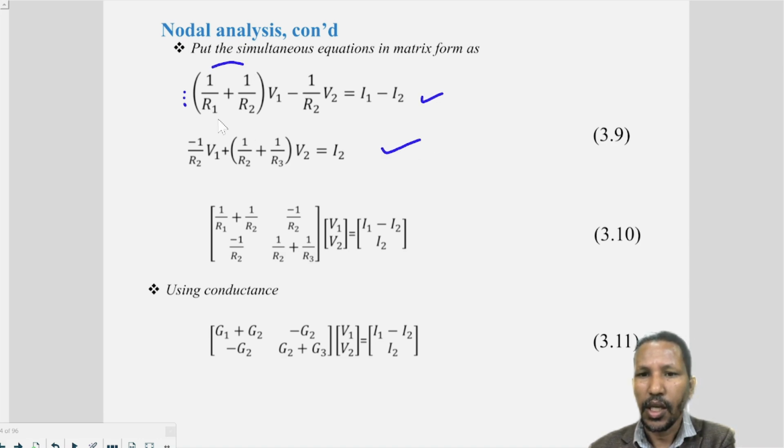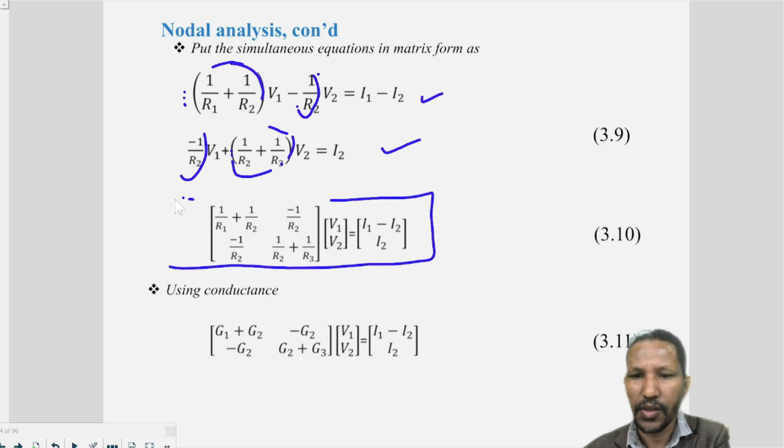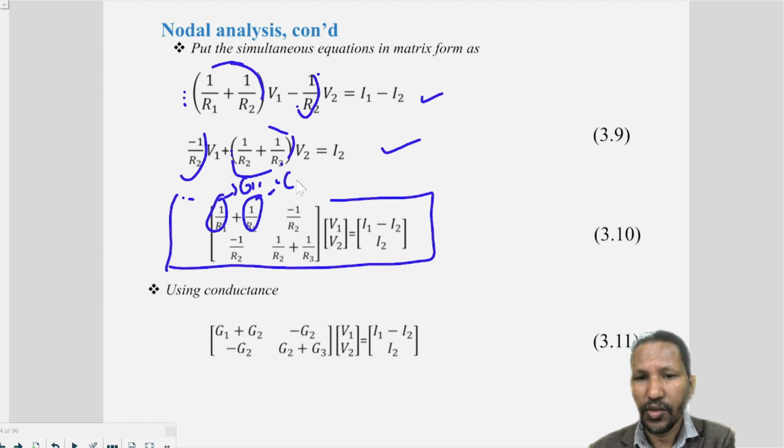This is the coefficient of V1 and this one is the coefficient of V2 for equation 1, and this is the coefficient of V1 and this is the coefficient of V2 for equation 2. So we have this matrix representation of the two node voltage equations, with conductances G1, G2, and minus G2 in the entries.